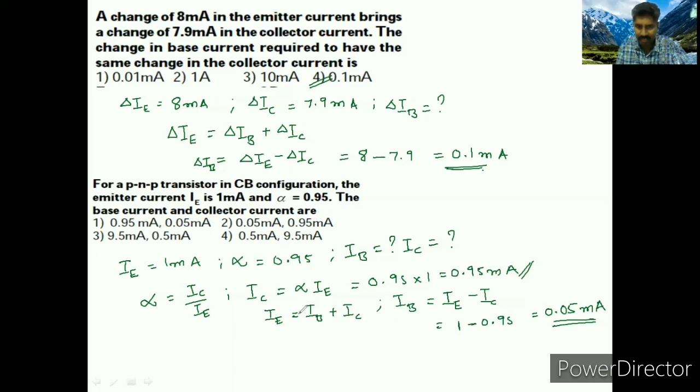So base current is this one. Next, 0.95. So which one? This is the correct option. Second one. So we will see the remaining problems.